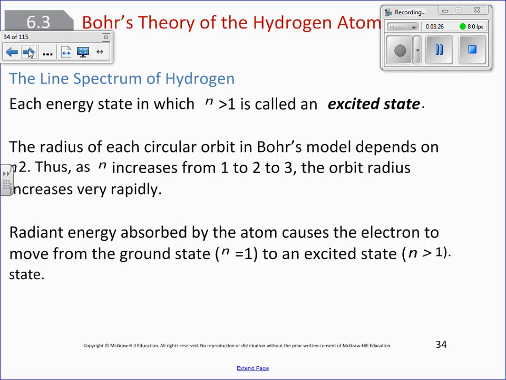Or I can go from 3 to 2, and then from 2 to 1. Or I can go from 1 to 2, then 2 to 3. So there are different combinations I can make, and each one loses a different amount of energy when it relaxes, so different wavelengths.